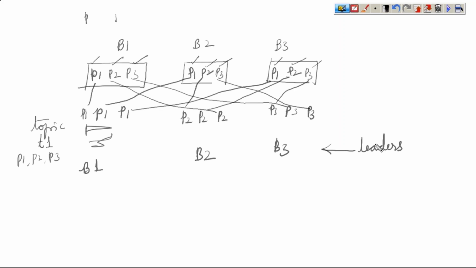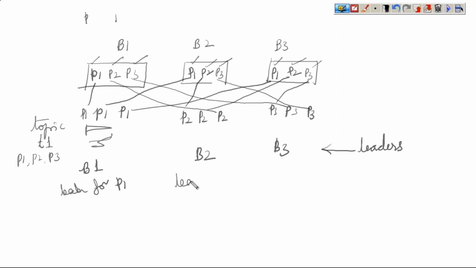Now, P1 partition: how many copies of P1 are there in total? 3 copies. Similarly, P2 also has 3 copies, and even P3 has 3 copies. Now see this one. B1, broker 1, is the leader for the first partition.